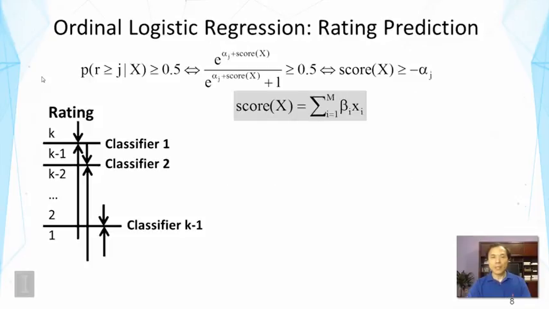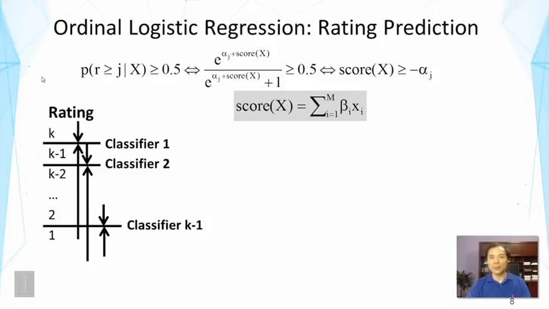So now let's see how we can use such a method to actually assign ratings. It turns out that with this idea of tying all the parameters, the beta values, we also end up having a simpler way to make decisions. More specifically, the criterion of whether the predicted probability is 0.5 or above is now equivalent to whether the score of the object is larger than or equal to negative alpha sub j, as shown here.